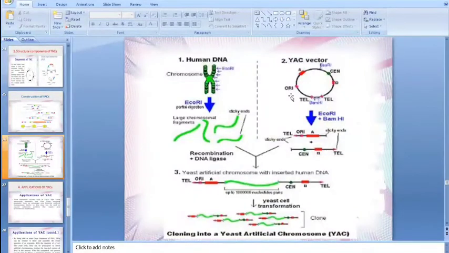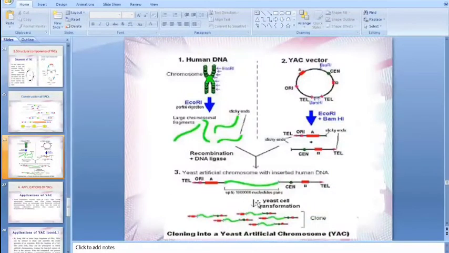Because of cleavage, linearized YAC components arise. In between these two parts of the YAC vector, we can insert a foreign DNA. It will be integrated here and transformed.